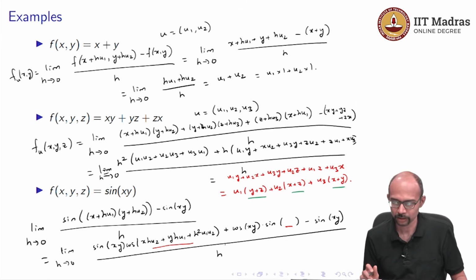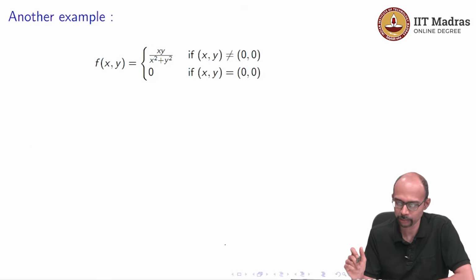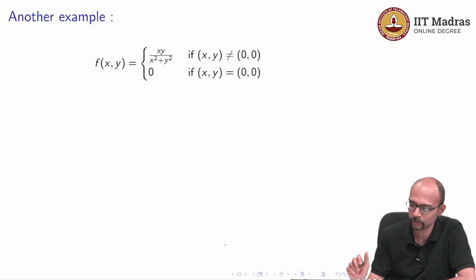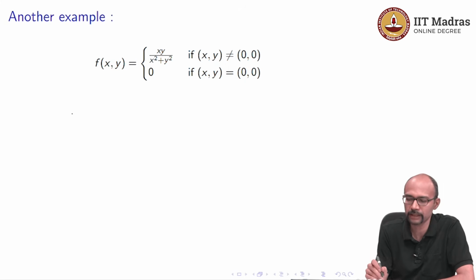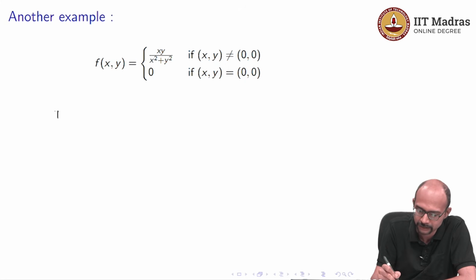Fine. So, I will end with this example of f of xy is xy by x squared plus y squared if xy is not the origin and xy is 0 if xy is 0 0, and I want to compute the directional derivative at 0 0 specifically.